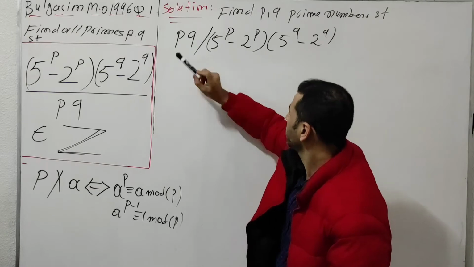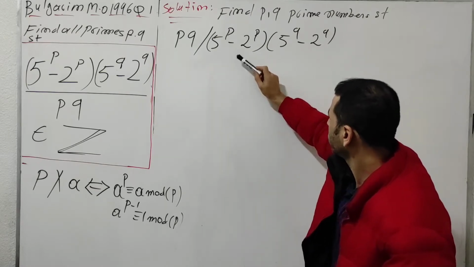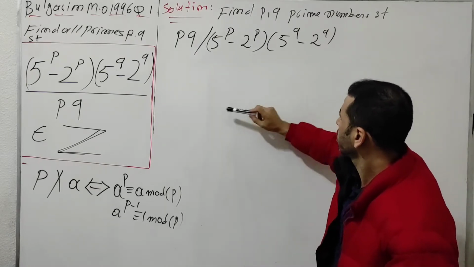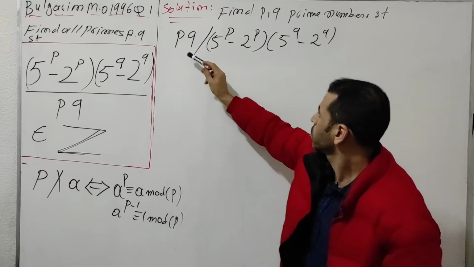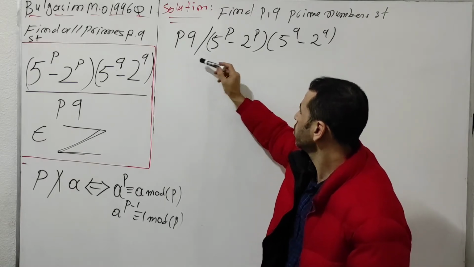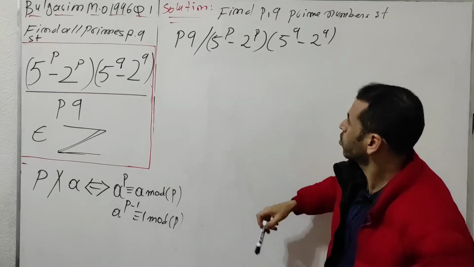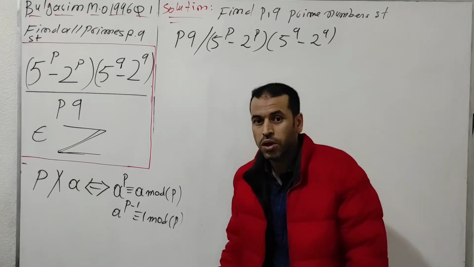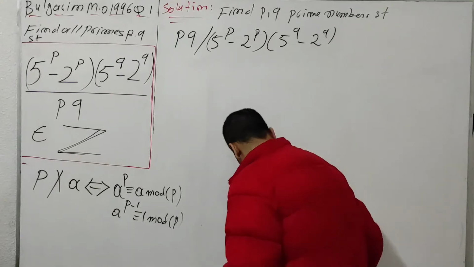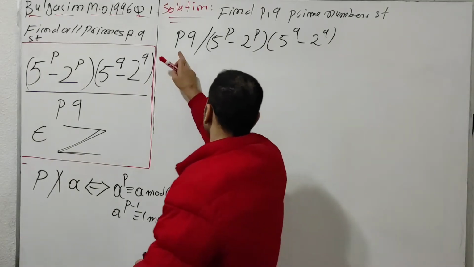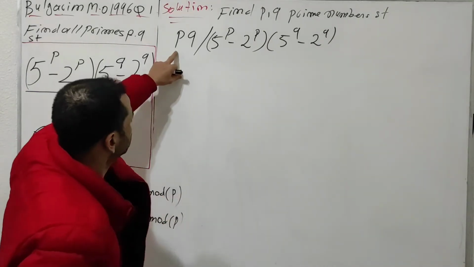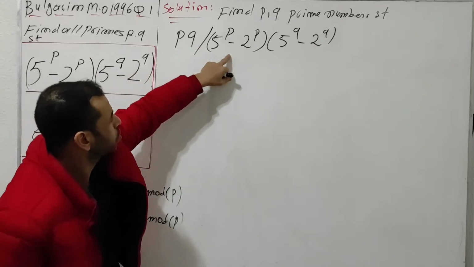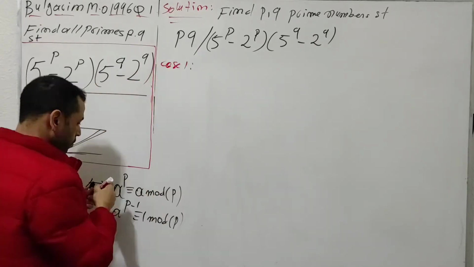We don't know whether p divides this term or this term. By symmetry, the same applies to q. So I'm going to work on p first, going case by case. For the first case, I check that p divides 5^p - 2^p.